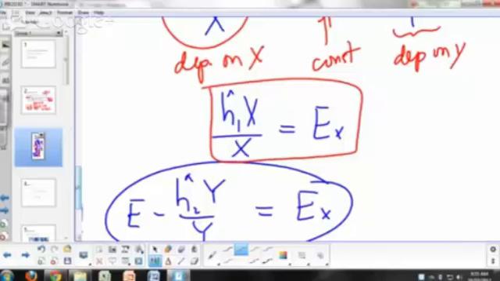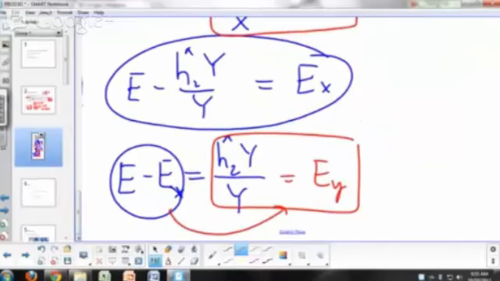Instead of a differential equation where you had two independent variables, x and y, you now have a differential equation that only depends on x, and another differential equation that only depends on coordinate y. So what we have done is we have reduced the two-dimensional problem into two one-dimensional problems.